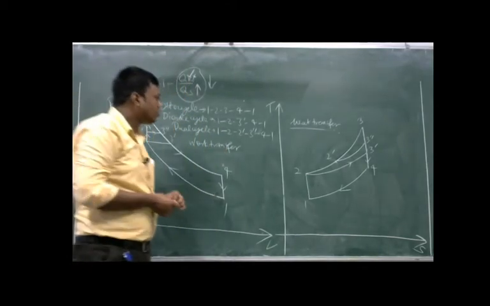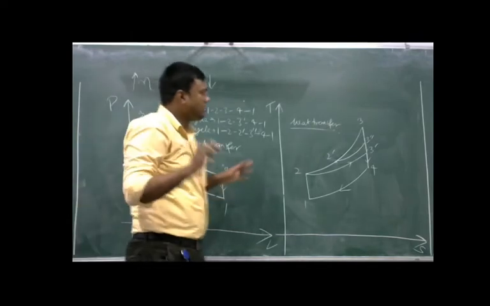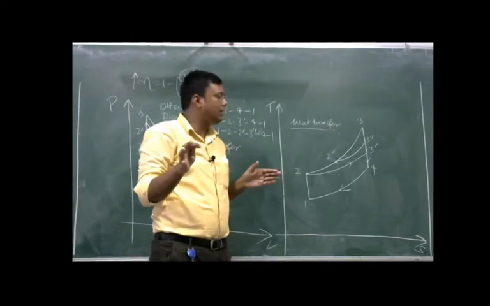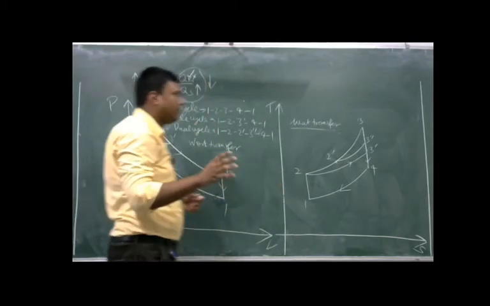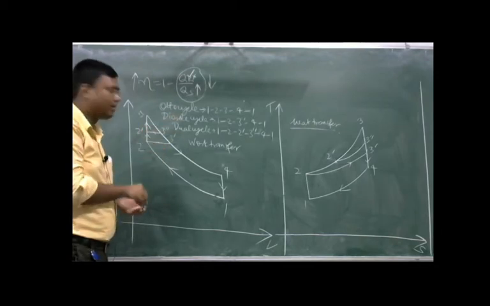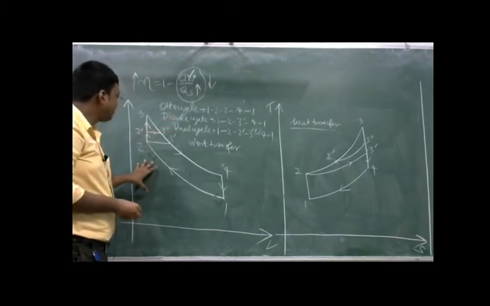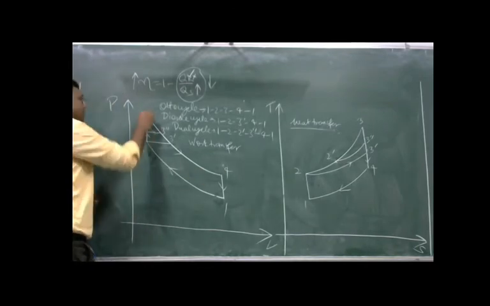So for all three cycles, Otto cycle, diesel cycle and dual cycle, we just need to see the area below the curve for the heat addition process. First we see from which point the heat addition process takes place. From the PV diagram we can see that for the Otto cycle heat addition takes place from 2 to 3.